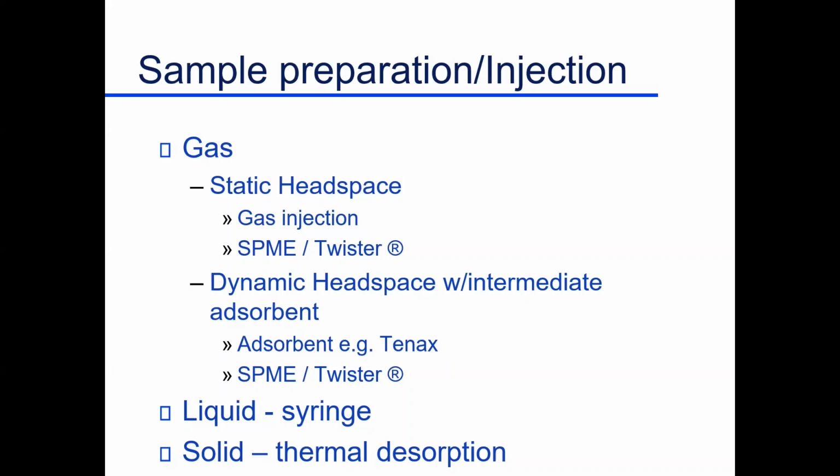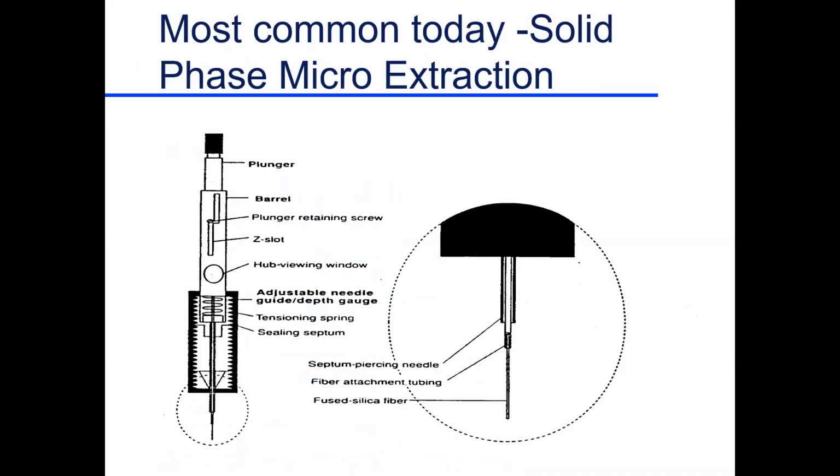With solid materials, you can heat the solid with an inert gas flowing across it as it's being heated, and collect everything that desorbs from that sample on one of these different methodologies. So there's many different ways you can go about getting a sample to put into the GC.